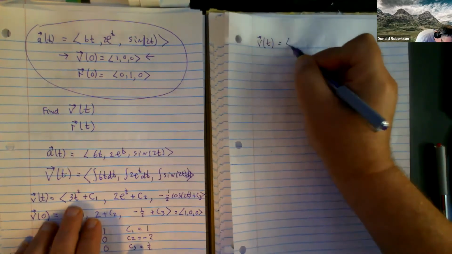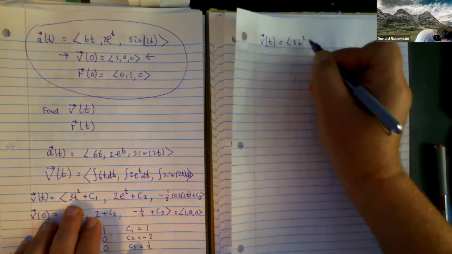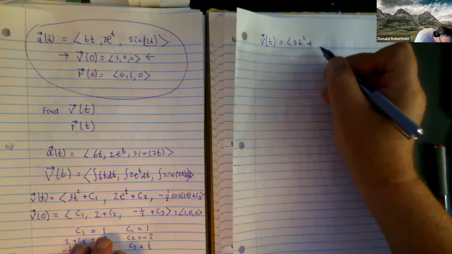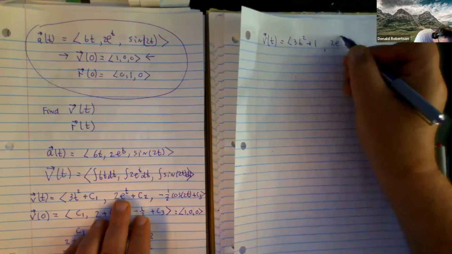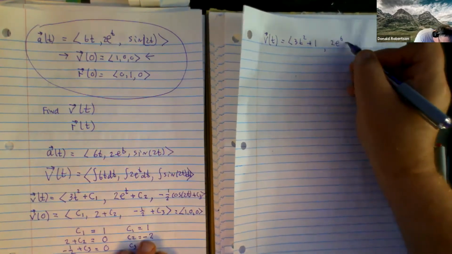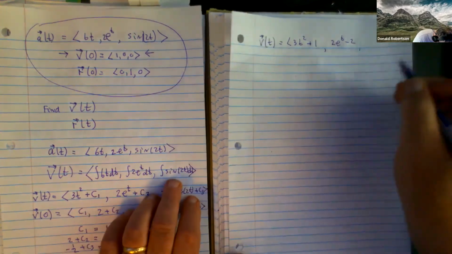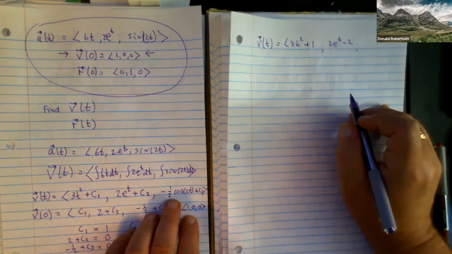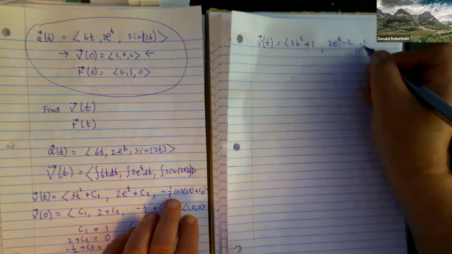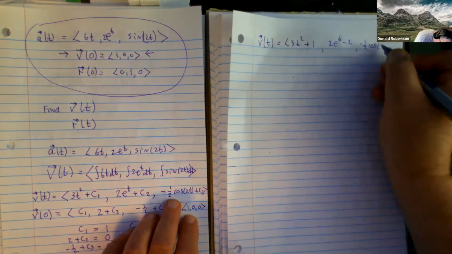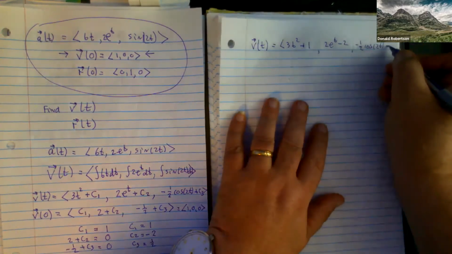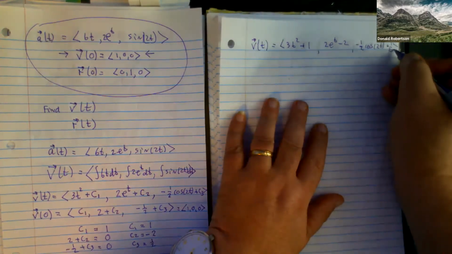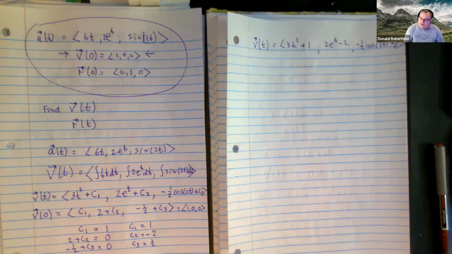It's 3t squared plus 1. Then it's going to be 2e to the t, take away 2. And then it's going to be this one here, negative 1/2 cosine 2t plus a half. That makes sense?